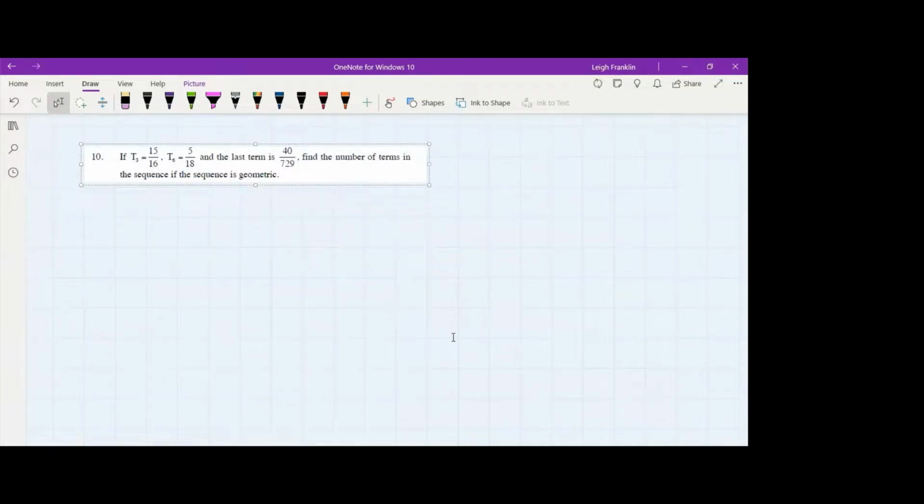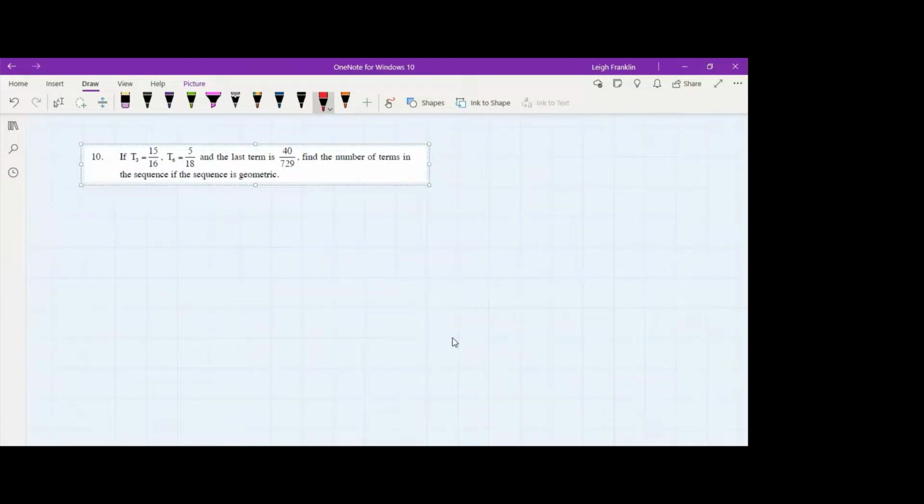So now, they tell us that a sequence is geometric. Term 3 is 15 over 16. Term 6 is 5 over 18. And the last term in this particular sequence is 40 over 729. Find the number of terms in the sequence. So in other words, what letter do they want us to solve for?